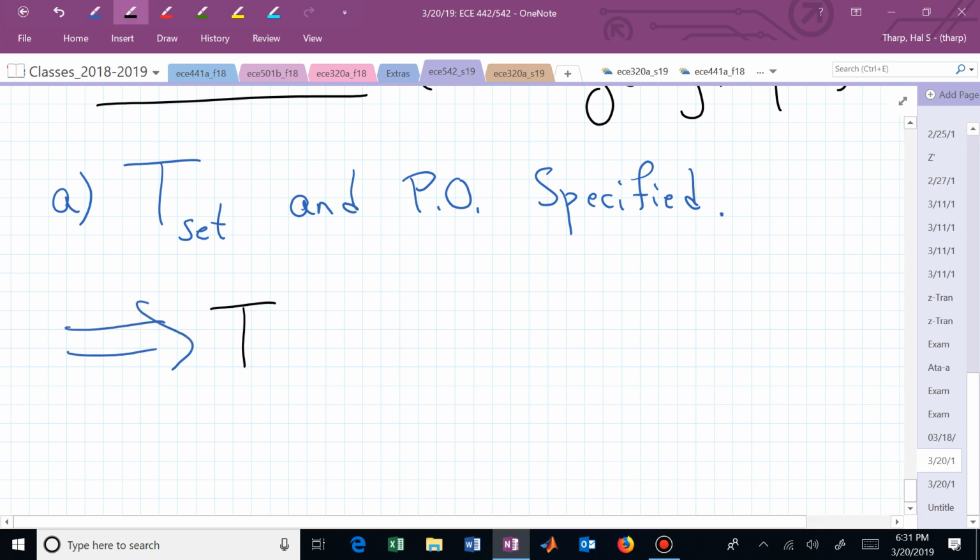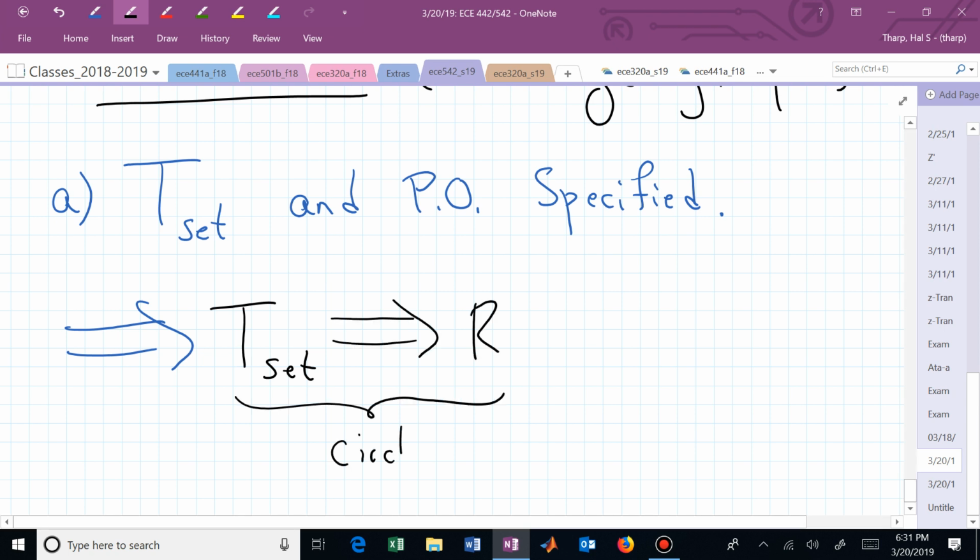If we now have specified a settling time, what do you see? Humor me. Circles, right? So you have settling time. This now leads to R. There's circles.